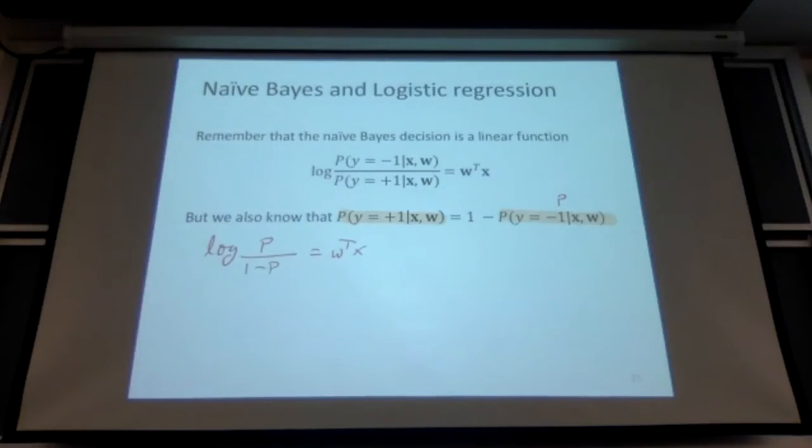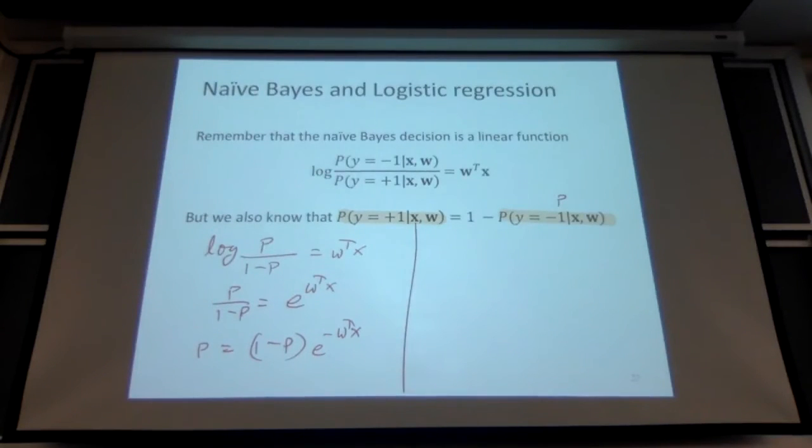I can take e to the power on both sides, so you get P divided by 1 minus P is e to the power w transpose x. Now I can multiply through, so P equals (1 minus P) times e to the power w transpose x.